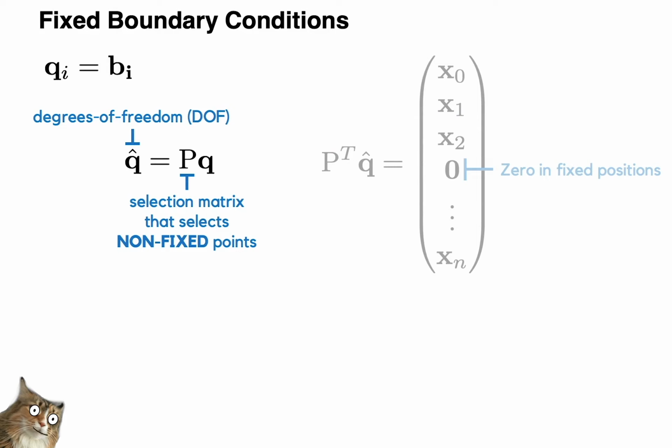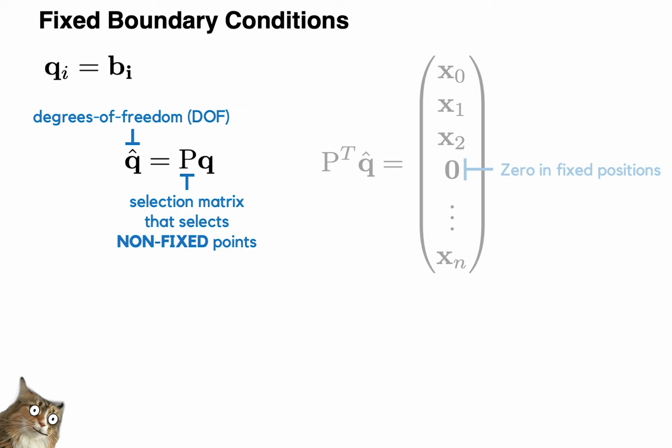We are going to enforce these constraints using selection matrices. To do this, we're going to introduce a new variable q hat. Q hat contains the non-fixed generalized coordinates, the vertex positions that are allowed to move.